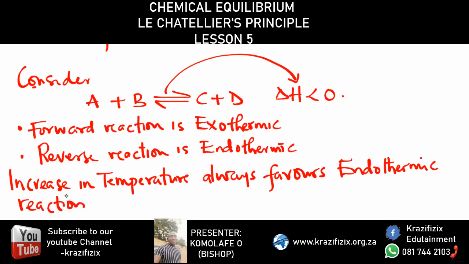So if it needs heat and you give it what it wants, what happens? The reaction rate therefore increases. So that's a statement of fact. Increase in temperature will always favor the endothermic reaction, while a decrease in temperature will favor the exo. Please do not forget this. All right.